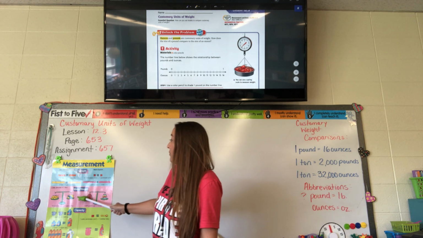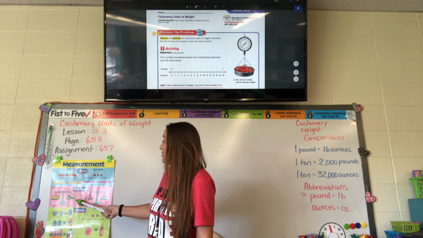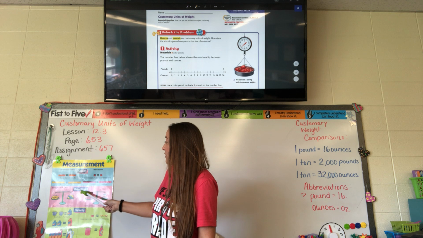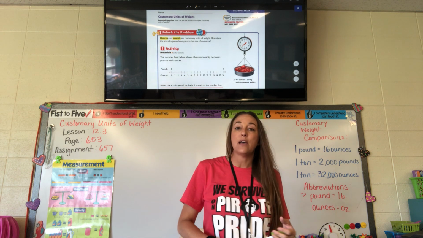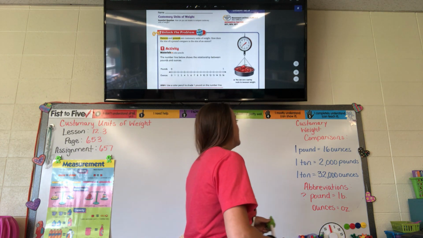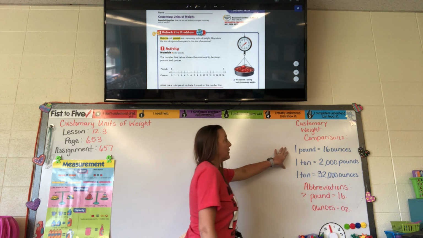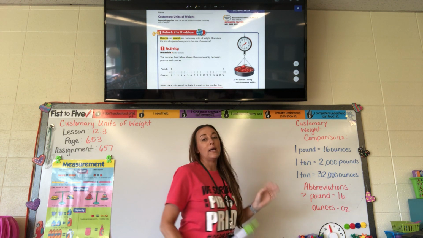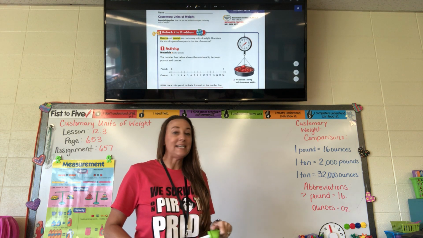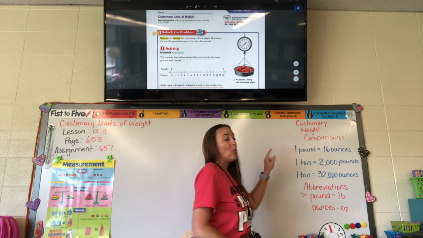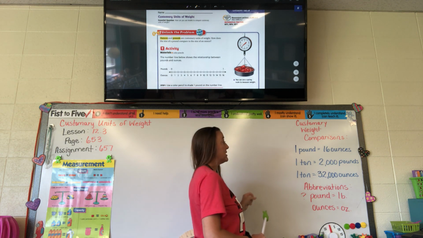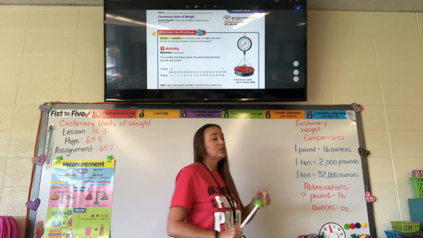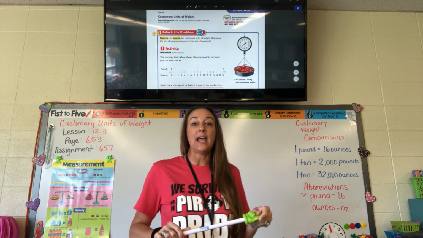And we are going to today do customary units of weight, which are ounces, pounds, and tons. So I've got the comparisons over here. 1 pound equals 16 ounces. 1 ton equals 2,000 pounds. And 1 ton also equals 32,000 ounces.